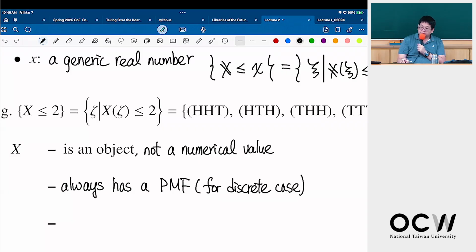But if I do it 3 times, I can have 0, 1, 2, 3. If I flip the coin 4 times, I can have a number from 0 to 4.